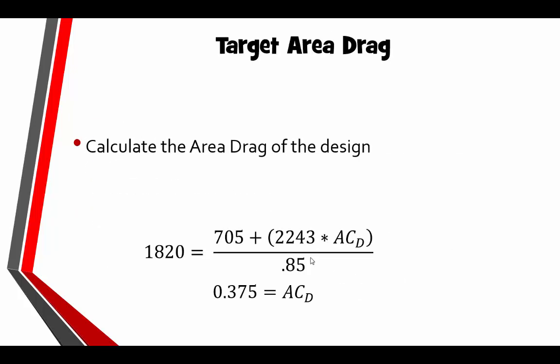So 1,820 watts equals 705 watts plus 2,243 times the drag area divided by 0.85, that 85% mechanical efficiency. If you solve for your drag area, you get 0.375.